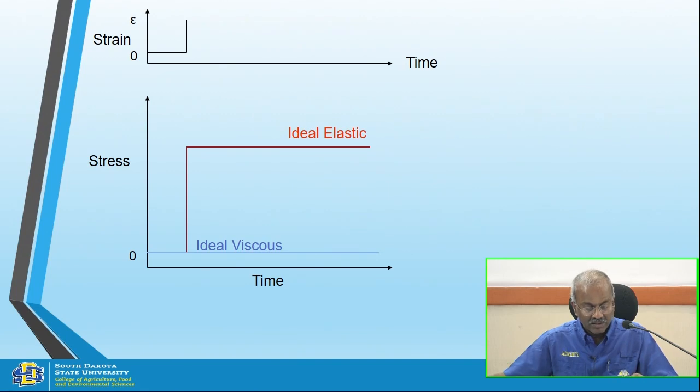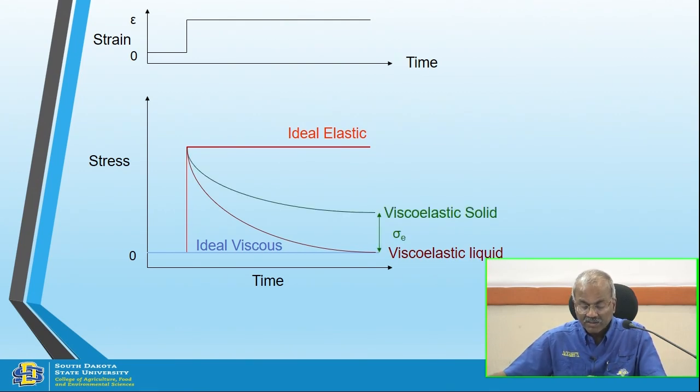Ideal viscous, there is no stress at all, because when you apply it, there is no stress. But if it is a viscoelastic liquid, the stress will decay like that and go to zero. If it is a viscoelastic solid, then the stress will decay and there will be a permanent loss of stress or loss of energy. That's what will happen with the viscoelastic solid. Because any food material you take, they are viscoelastic.